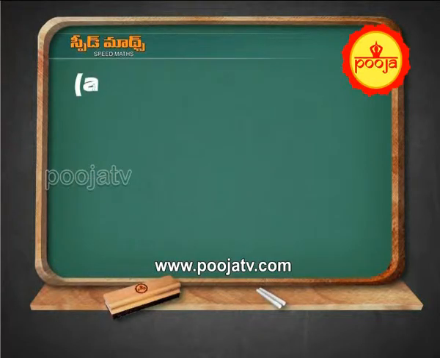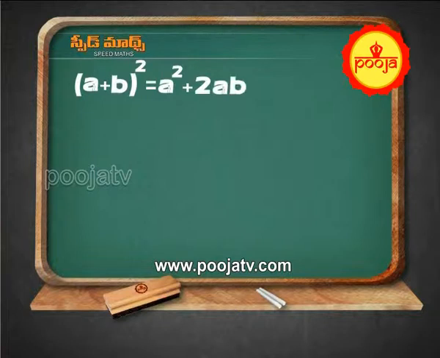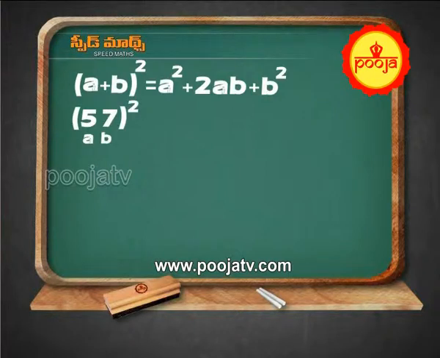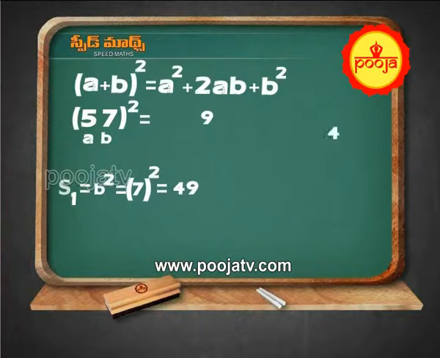(A plus B) whole square equals A square plus 2AB plus B square. 57 whole square. Assume A equals 5 and B equals 7. Step 1: B square equals 7 square equals 49. 9 here, 4 outside.